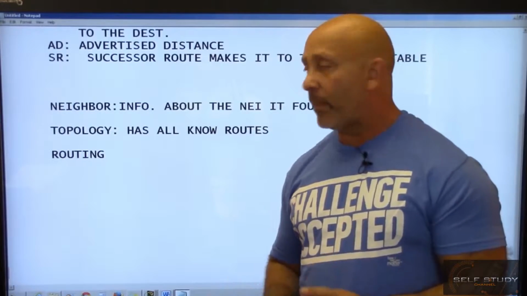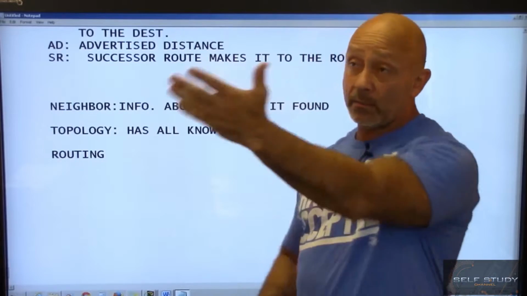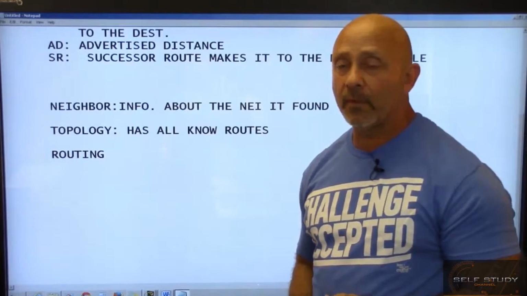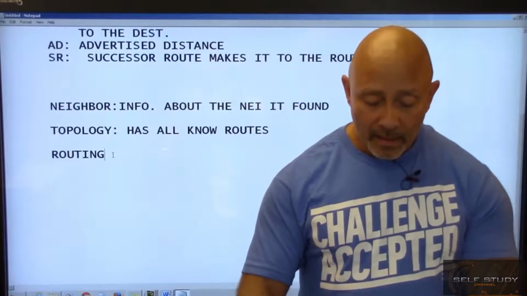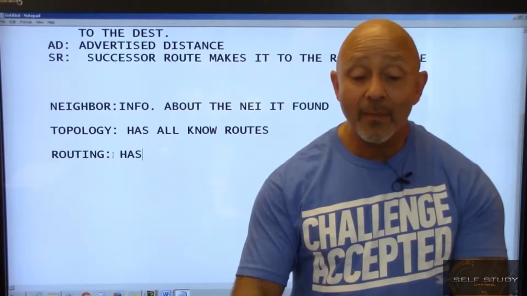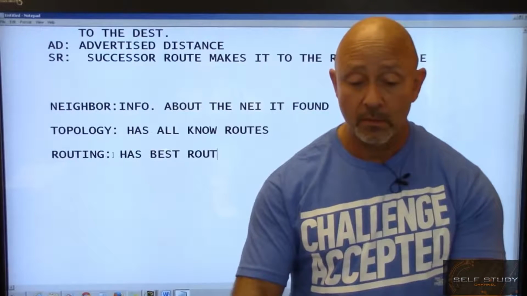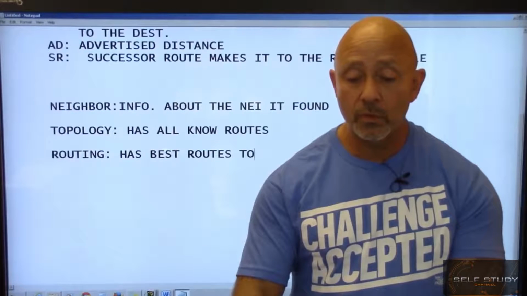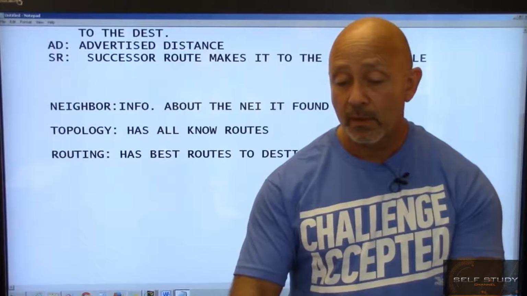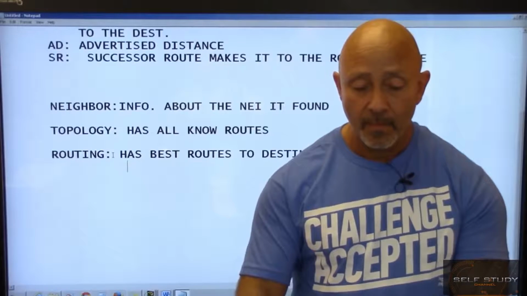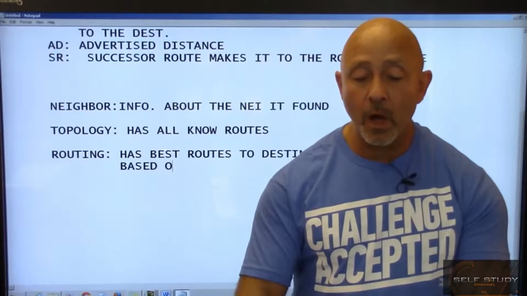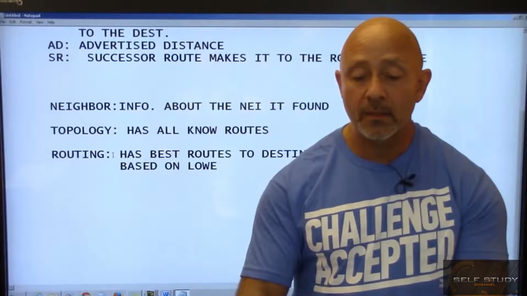The neighbor table is about my neighbor router, information about it. The routing table has the best routes to destinations. And what is it based on again? Based on lowest metric.